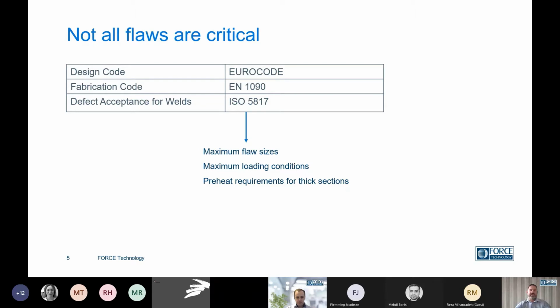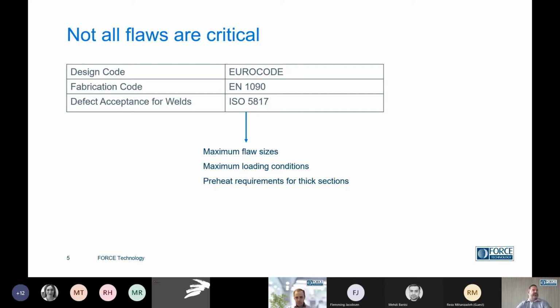So the example we can see there are some specific rules that tell us about the flaws in the structure. And one important thing is that it talks about a maximum flaw size. Now, these things are mostly conservative, and as we know about conservative things, it makes things more expensive, and it also slows down the work.